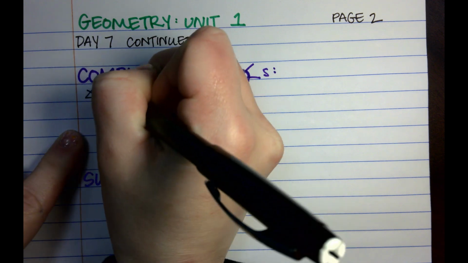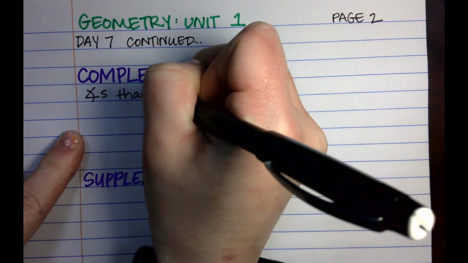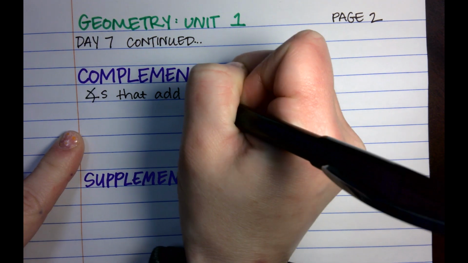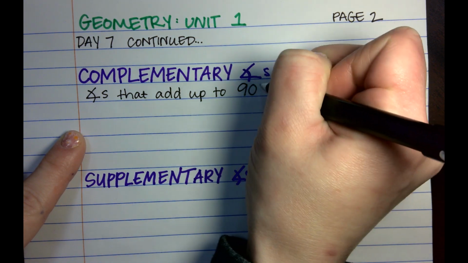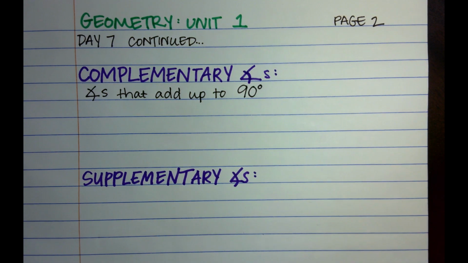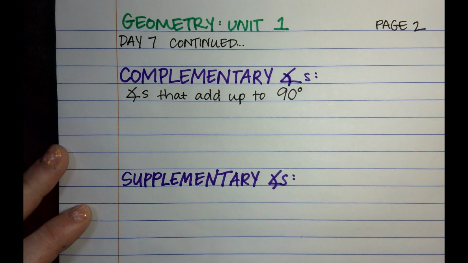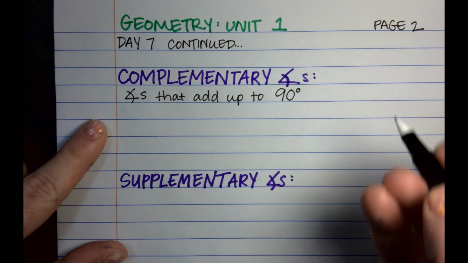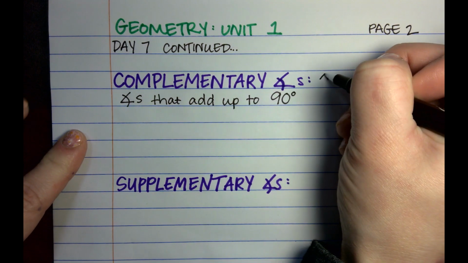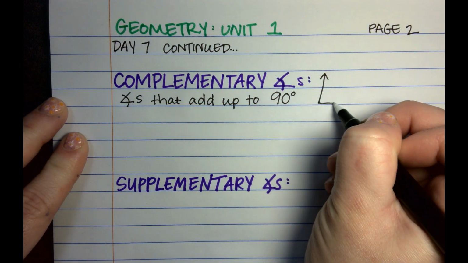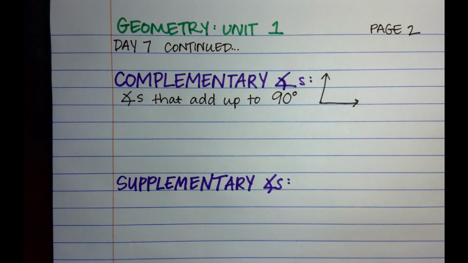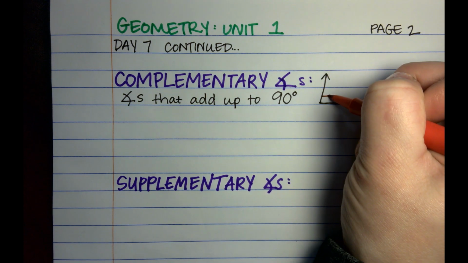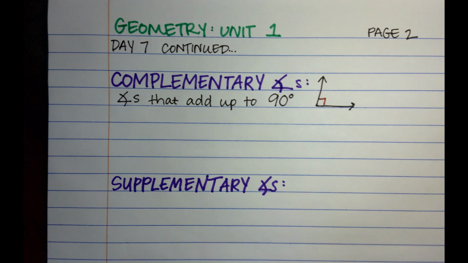Angles that add up to 90 degrees. And I'm going to draw myself a little picture to remind myself what 90 degrees looks like. 90 degrees is always going to be that perfect little corner, and it always has the box inside of it, the little square.